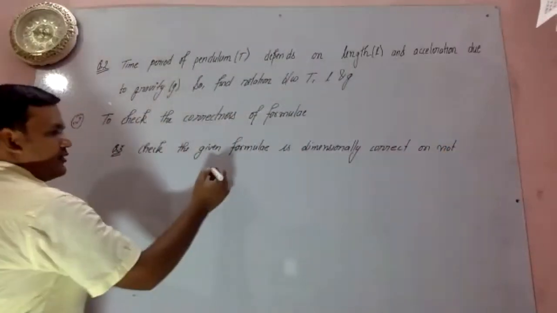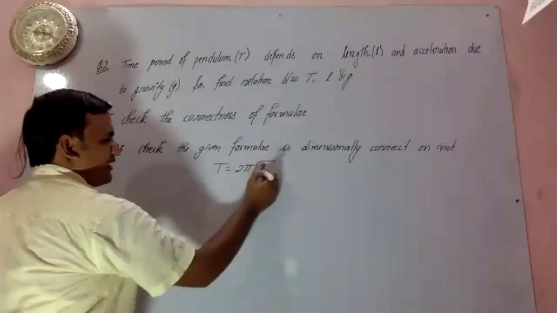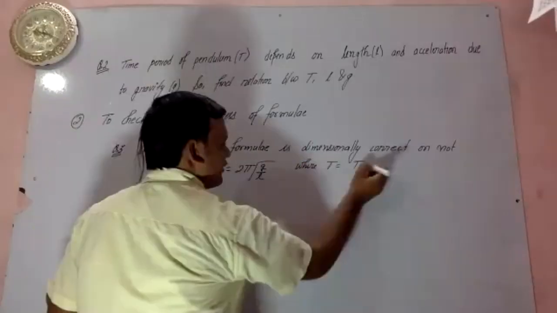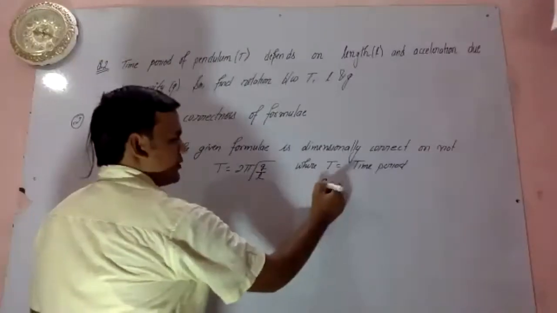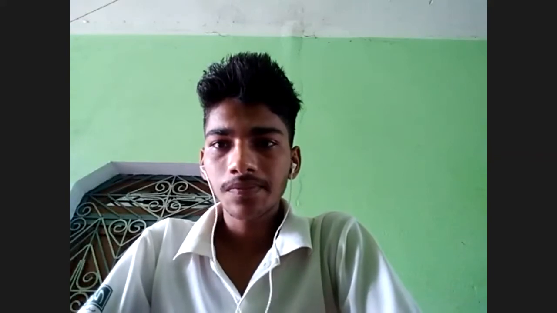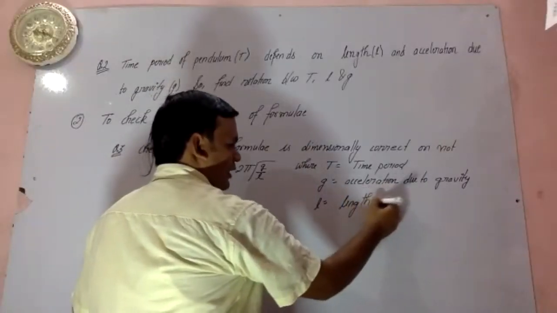So what you have been given is T equals 2 pi under root G by L, where T is the time period, G is acceleration due to gravity, and L is the length of the pendulum.